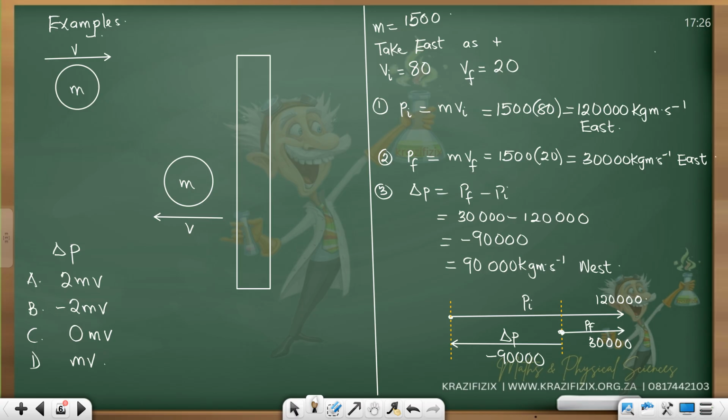I hope the diagram alone just tells you what the question is saying, right?